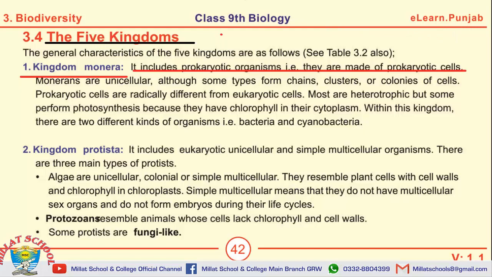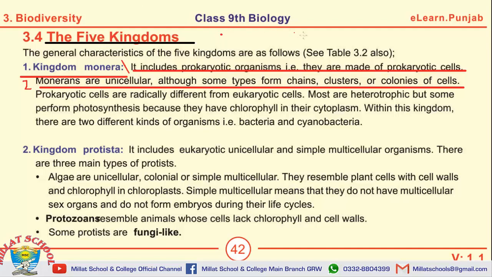The other question may be selected, that is, write characteristics of kingdom Monera. The characteristics are, the first one is the definition of the topic. Second characteristic is, Moneras are unicellular, although some types form chains, clusters, or colonies of cells.